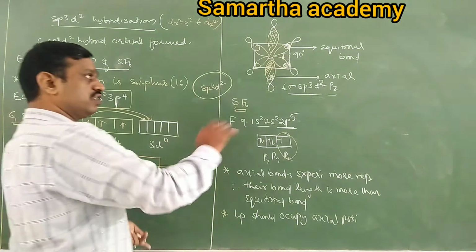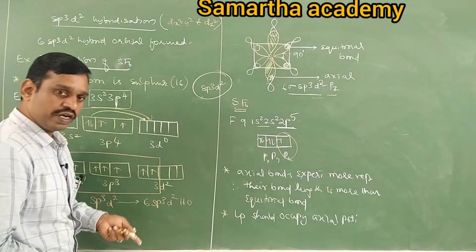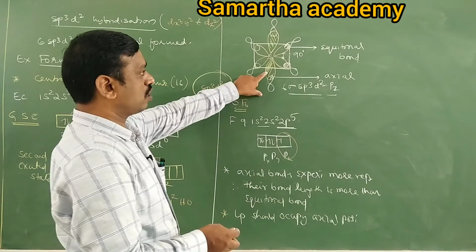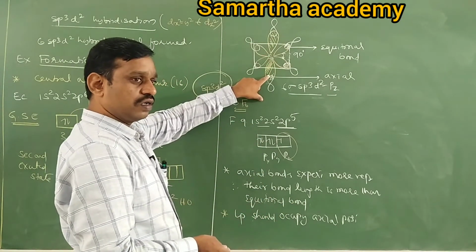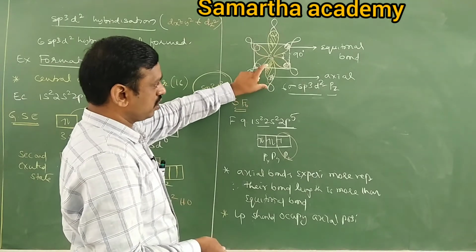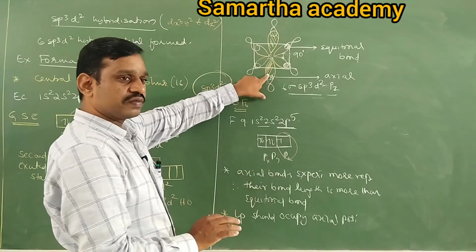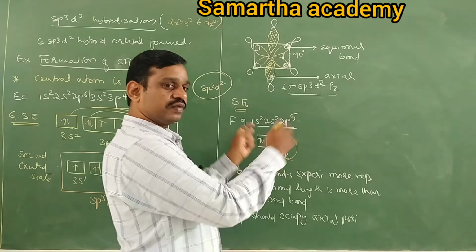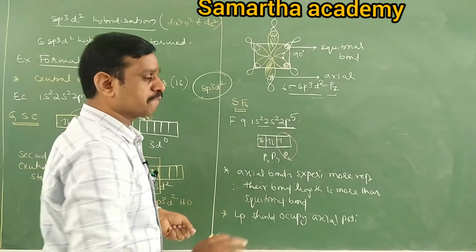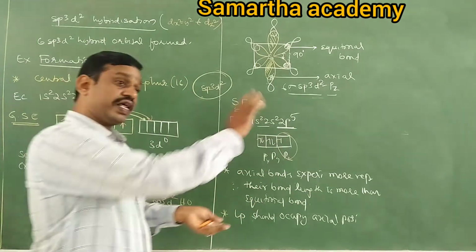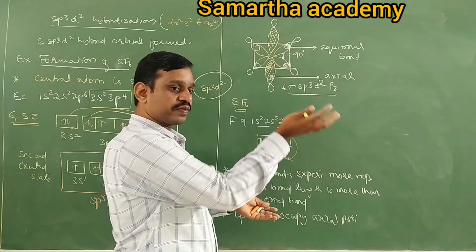There are many reasons. One is stability, to attain stability. Now, of course, these bonds are longer, but when lone pair is present in this position, they become stable. It's not only because of repulsions, there are many other factors. In the previous case, it was equatorial positions, because the axial positions have more repulsions.